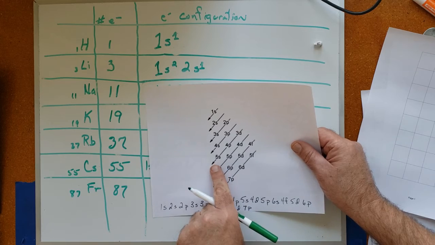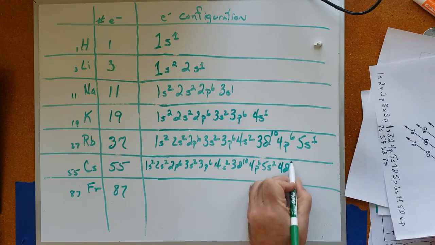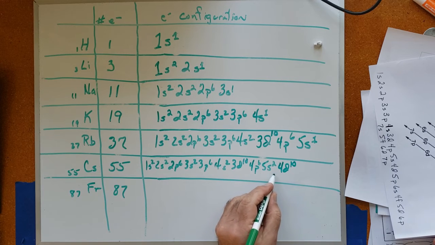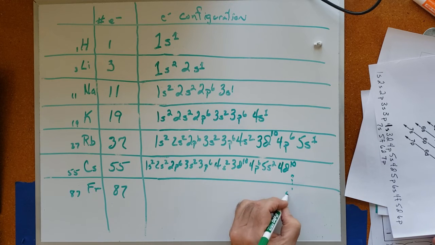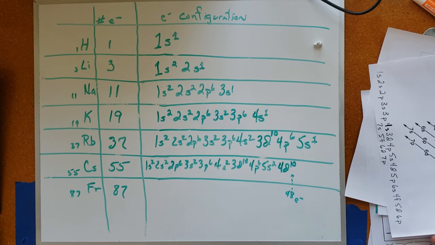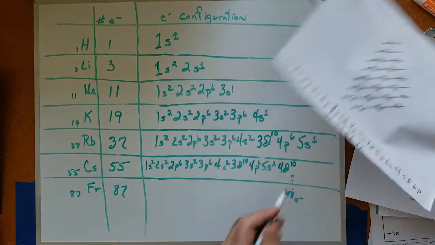So after the 5s is the 4d. It'll be 4d10. So that's what, 48 electrons. I'm just going to put a little reminder here, 48 electrons, okay? And after 4d comes 5p.